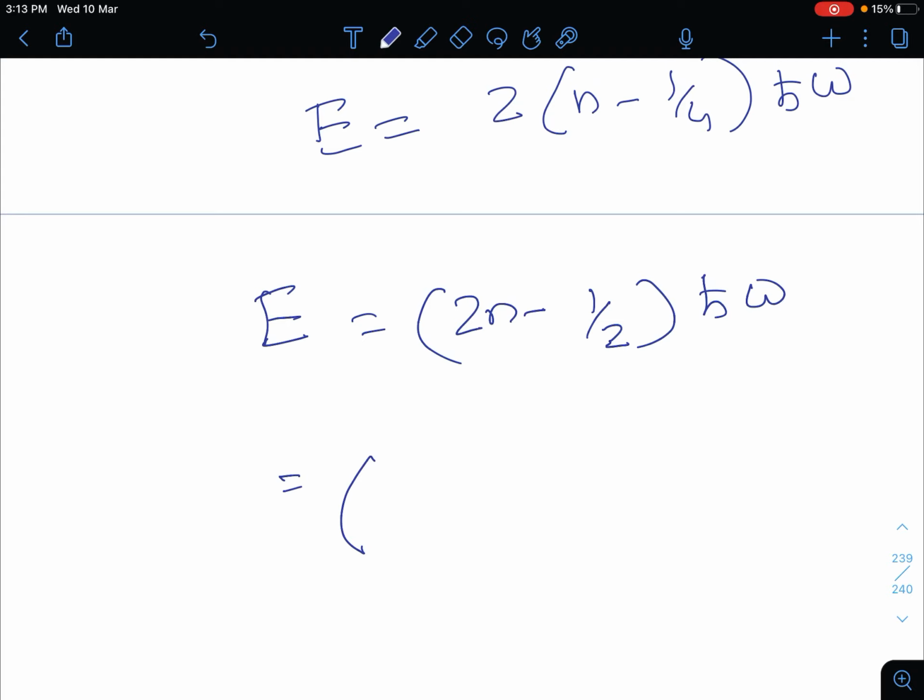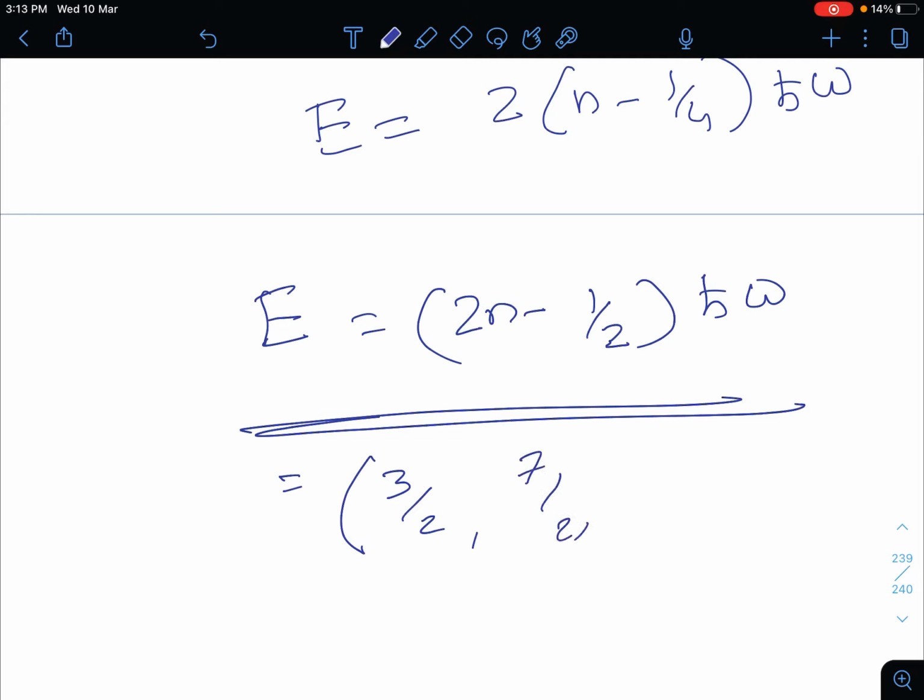So that is a very beautiful result of the half harmonic oscillator. Clear? Right? 2 minus half, 3 by 2. 4 minus half, that is 7 by 2. 11 by 2 and so on.